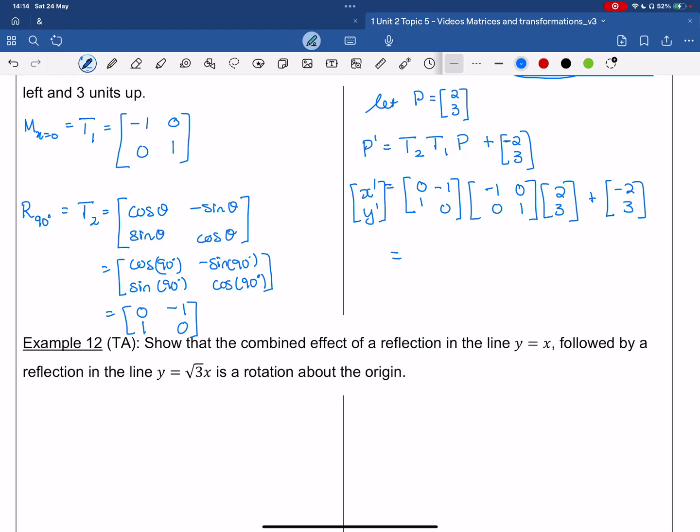So we can multiply these. And we get, remember, order is important. So we're first going to do our first two.